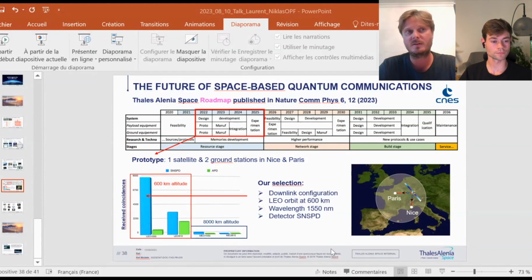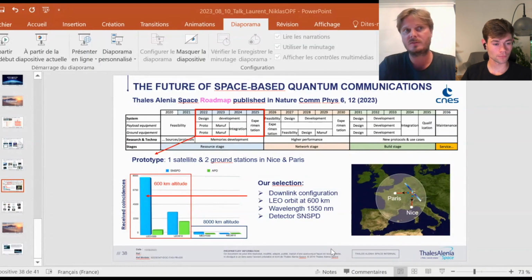And typically for space-to-ground or ground-to-space optical links, one good band is around 1550 nanometers, or 1064 nanometers, or close to the visible range at 800 nanometers, so close to the near infrared.